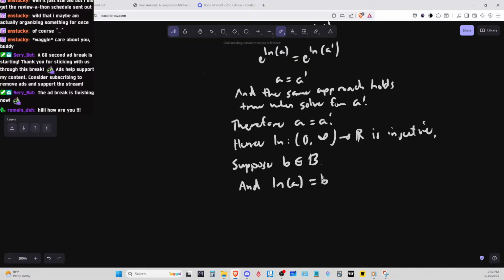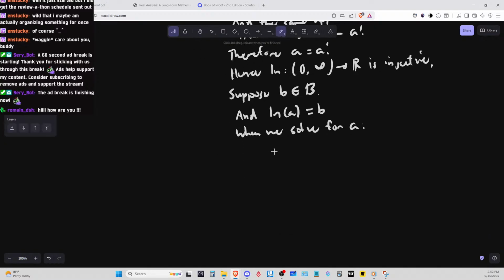So, hoping when we solve for A, in order to get A, we have to do this, which also leads to this, and then we're left with A is equal to something.